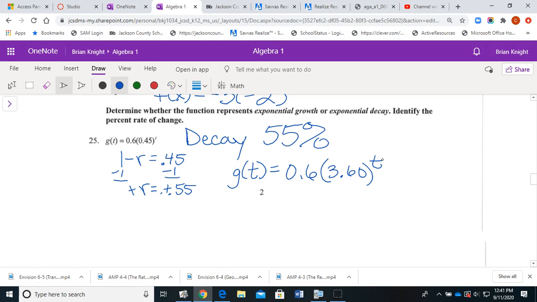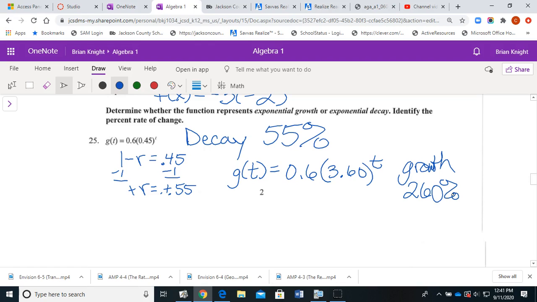But what's the rate? That's the decimal rate. That would be growth, 260%. There is such a thing as 260%. I don't know if that happens, I'm just saying it just in case.